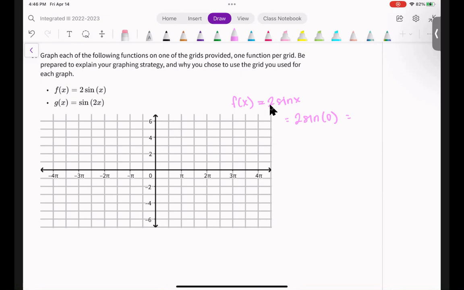If you think about 0, 0 is right here, and we've learned that sine is really just the y coordinate. So the sine value of this point is 0. So this is 2 times 0, which is just 0. So it's this point right here.